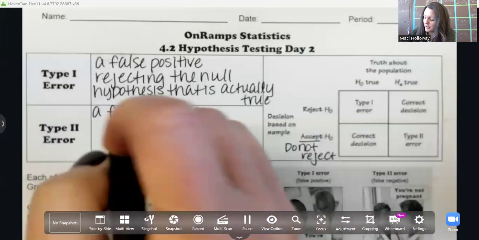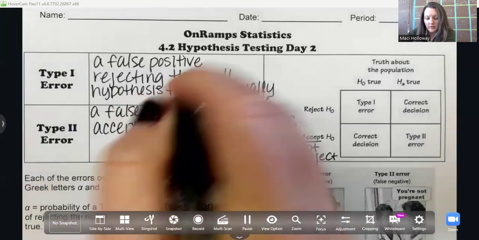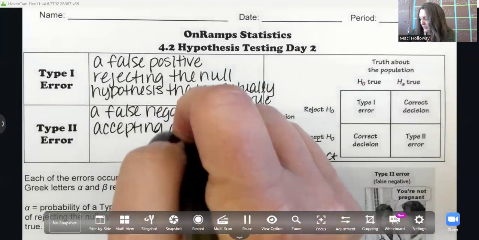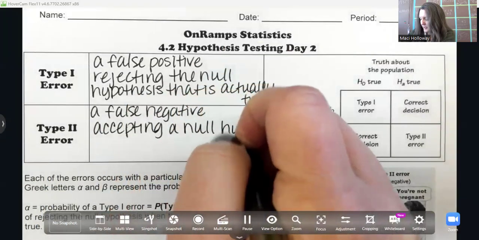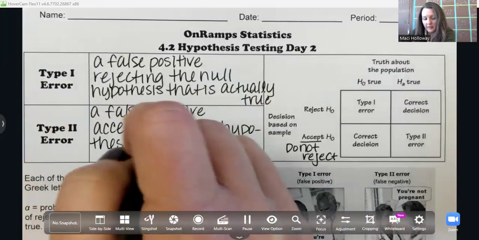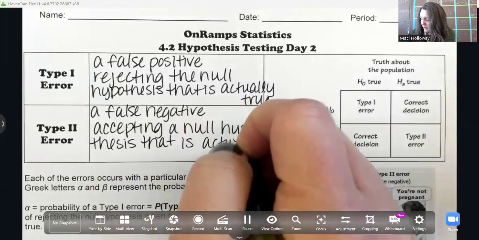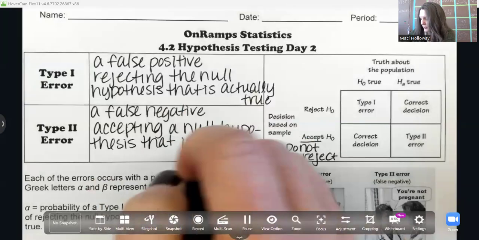The definition here is accepting a null hypothesis that is actually false.